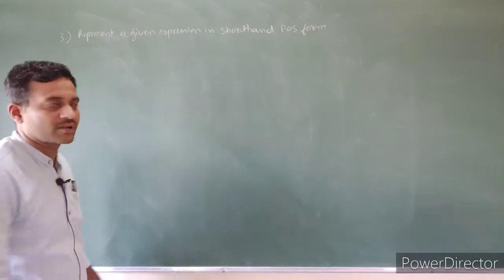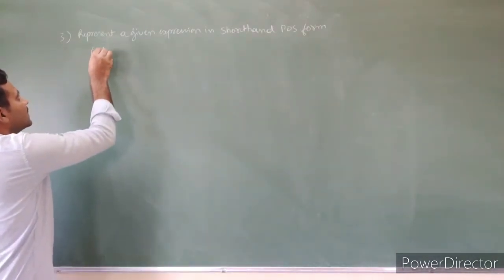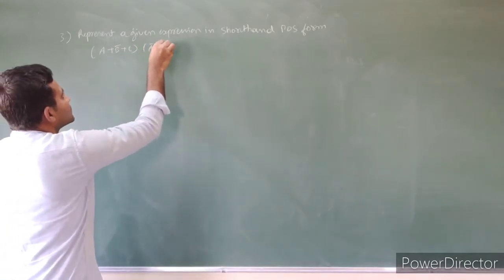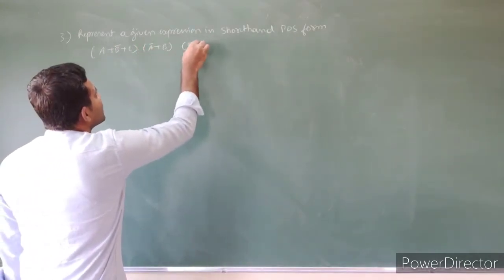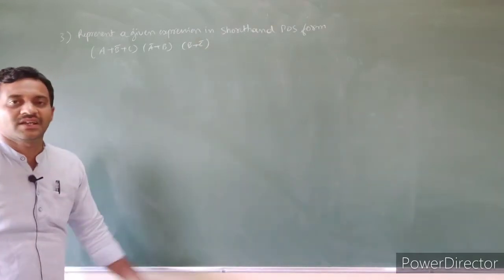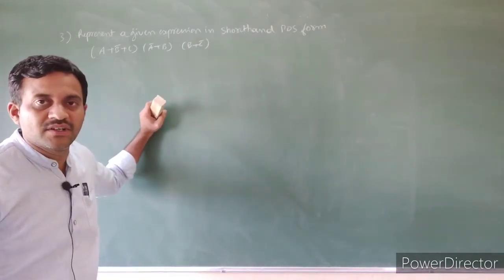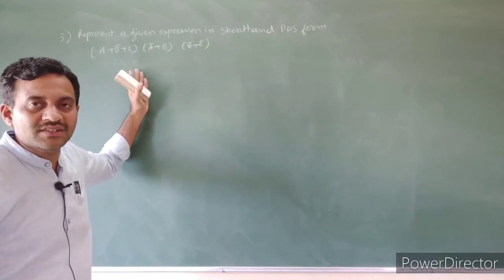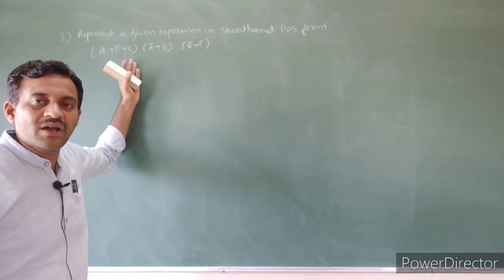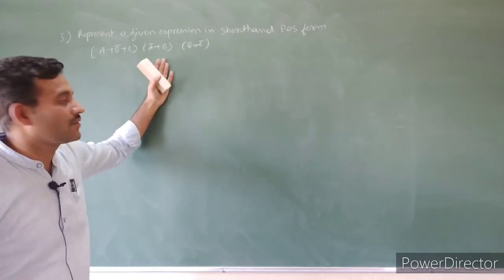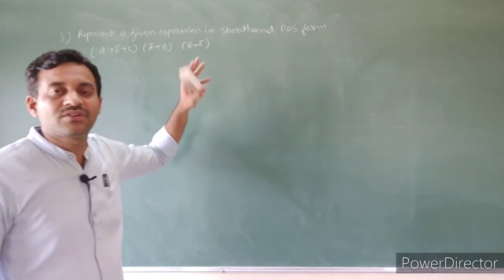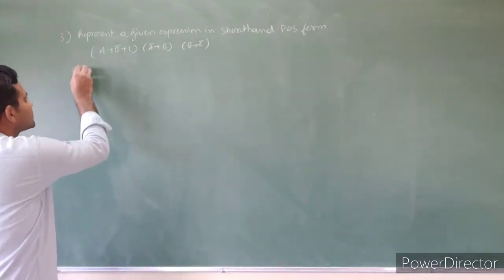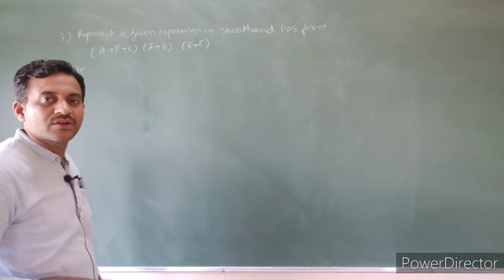See here the expression is A plus B bar plus C, A bar plus B, B plus C bar. It is not a canonical POS because the literals are A, B, C. The first term has all the literals, but the second term does not have all the literals. The third term also does not have all the literals. So first convert non-standard POS to standard POS.